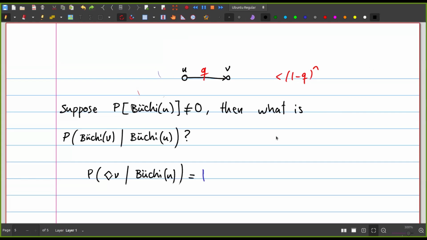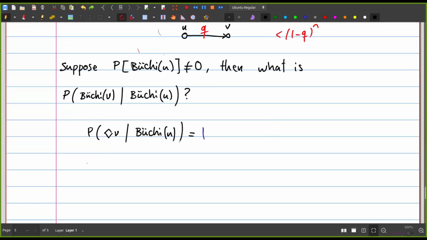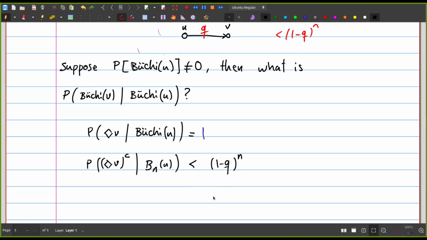Okay. So what I just proved here is that the probability that I don't see v, so the complement of the reachability set of v, given that I've seen u n times, so this was the set Bn of u, right? This is going to be at most (1 minus q) to the power of n. Okay.